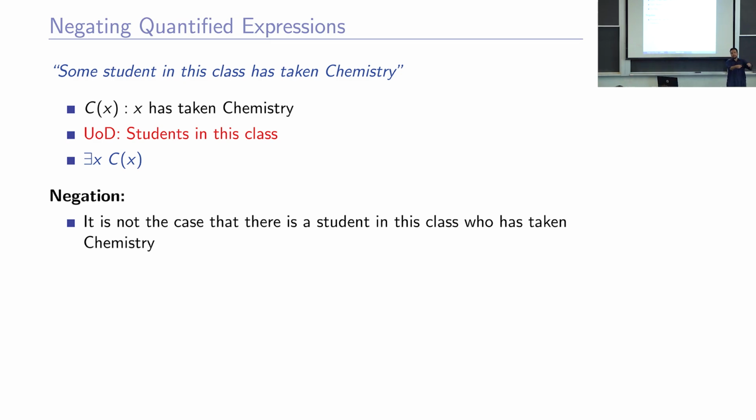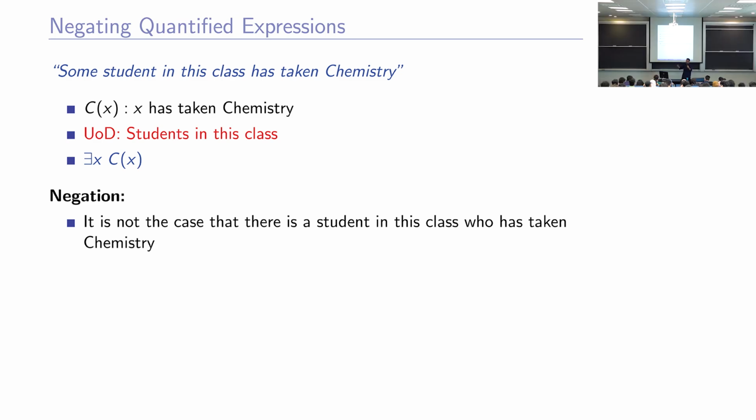On the other hand, the two other attempts that we got were that no one has taken chemistry, right? Or everyone, so I checked the transcripts of everyone and I didn't find anyone having taken chemistry. That's one other translation we got. That cannot be true simultaneously with the blue statement in any scenario.